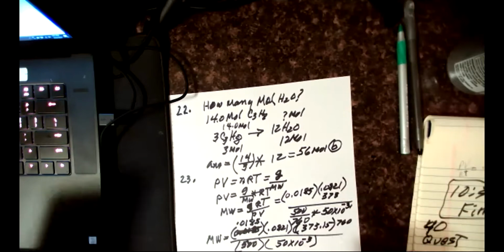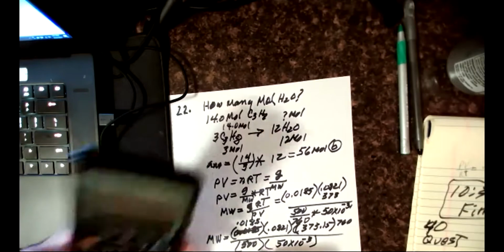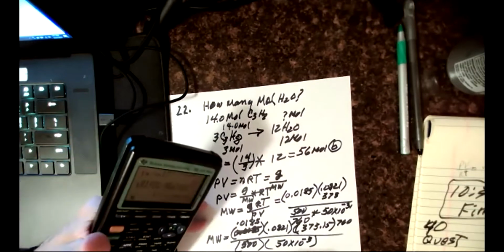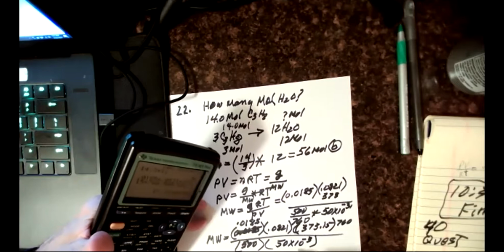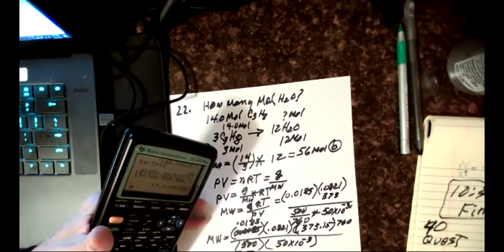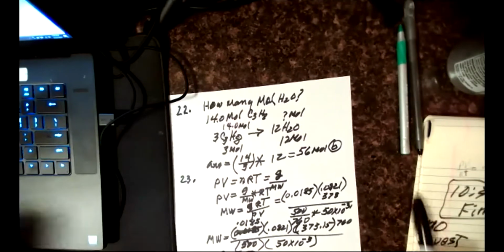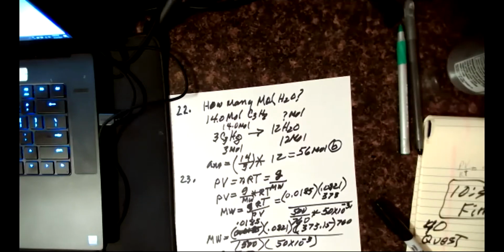Okay, when I do all of that, what I came out with was 17.229 blah, blah, blah. So 17.2, that is response D, but I want you to look at my answers.